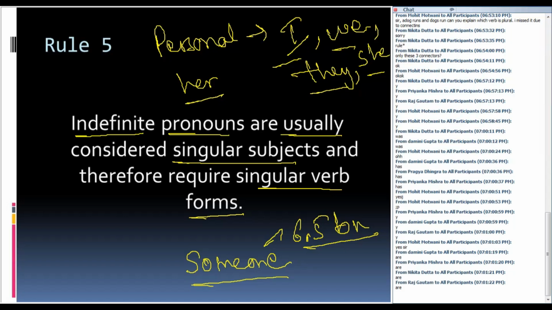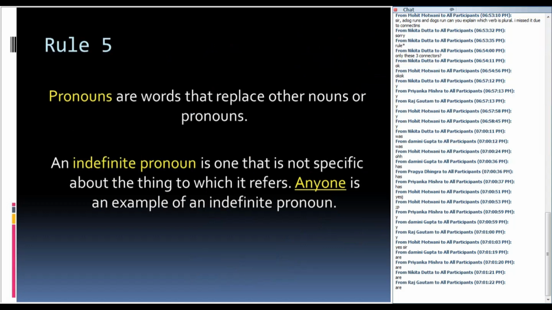Okay. So remember that indefinite pronouns are usually considered singular, and that is why they will require singular verb forms. Whatever I just discussed, it's here. Pronouns are those words that replace other nouns or pronouns. An indefinite pronoun is one that is not specific about the thing to which it refers.